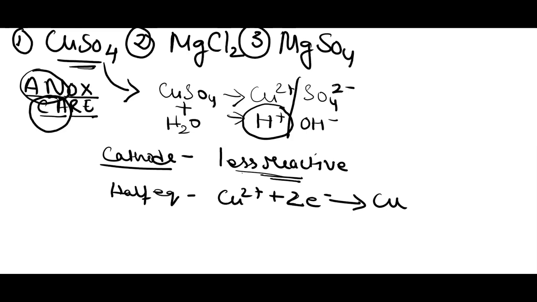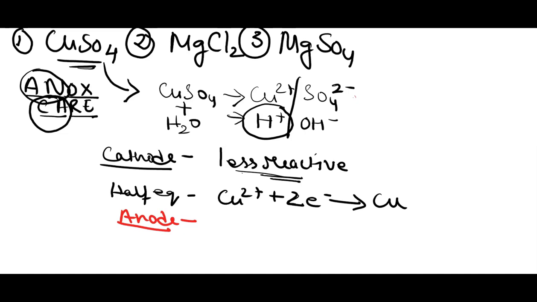Let's now move on to the anode. At the anode end, as we know, the anode is going to attract the ions that are negative. So we have two options here. One is SO4, that is the sulfate ion, and the other is OH minus, that is the hydroxyl ion.